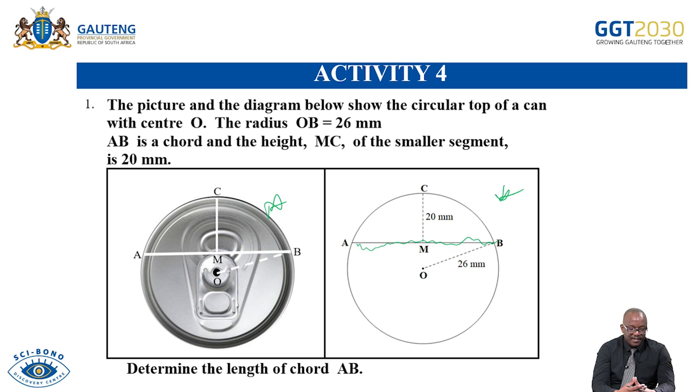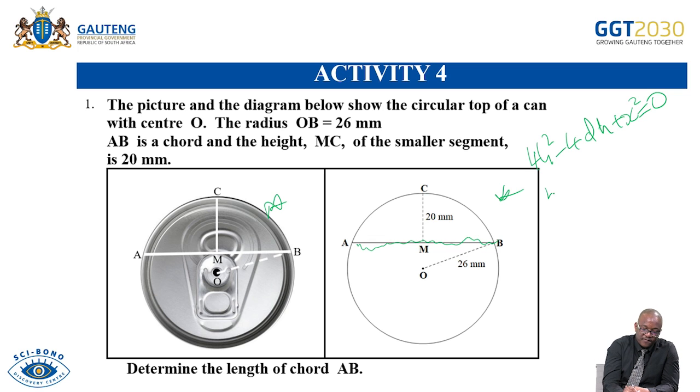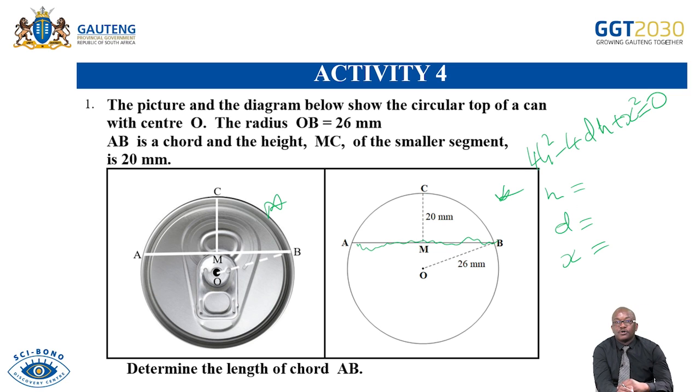So remember, in this question, what you need to know is this formula, and this formula is in your formula sheet. You must firstly identify the height of a segment, the diameter, and x, which is the length of a chord.